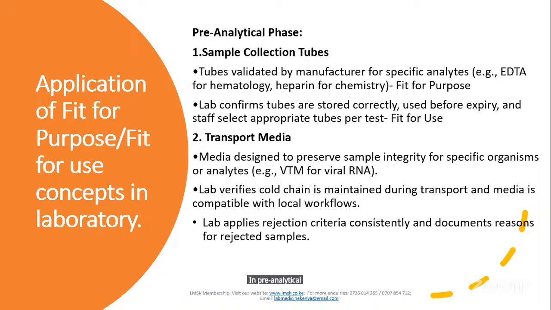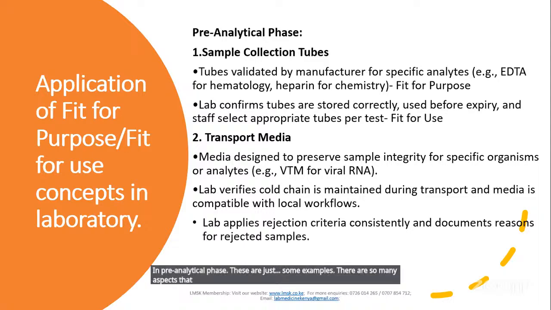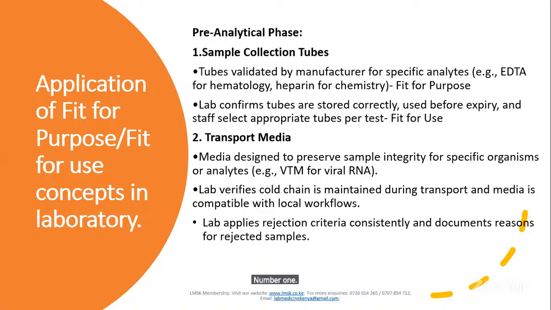These are just some examples. There are so many aspects that you can actually consider. These are just some examples to bring out a better understanding of these concepts. Number one, sample collection tubes. The manufacturer produces specific sample vacutainers, and these vacutainers are actually validated before they come to the market, okay?